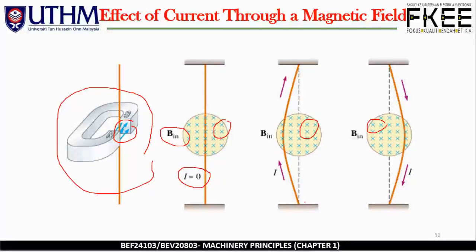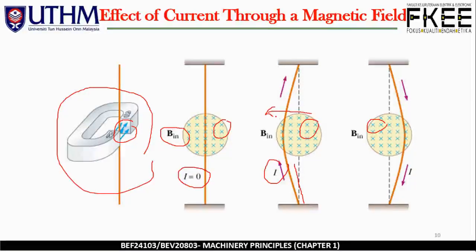Once we inject current I upwards, with the presence of the magnetic field, we can see immediately the force acts on the conductor, and it moves to the left.